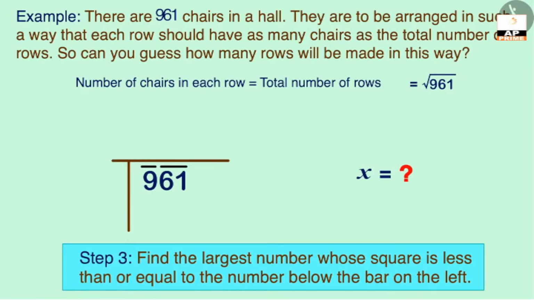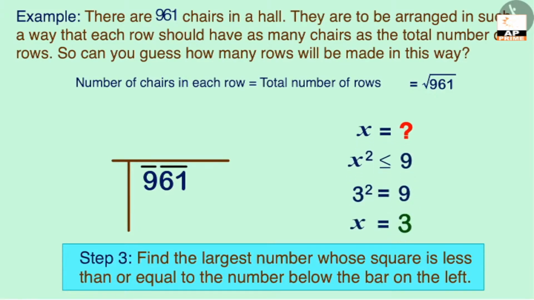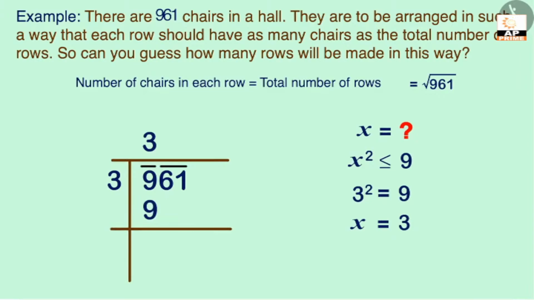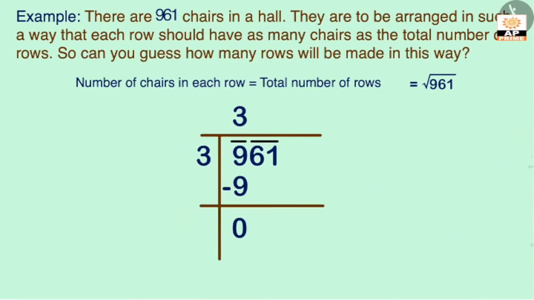Now, we will find a number whose square is equal to or smaller than 9, that is, the number below the leftmost bar. Here that number is 3. 3 is the divisor of this number and also the first digit of the quotient. Write 9 below the first number and subtract both. Here we are getting 0.